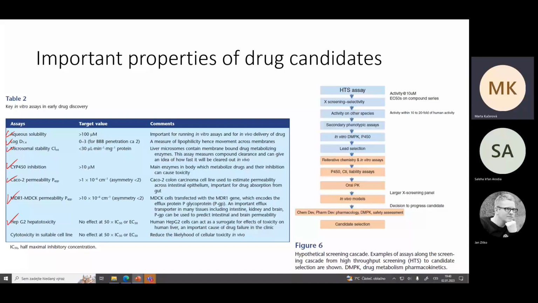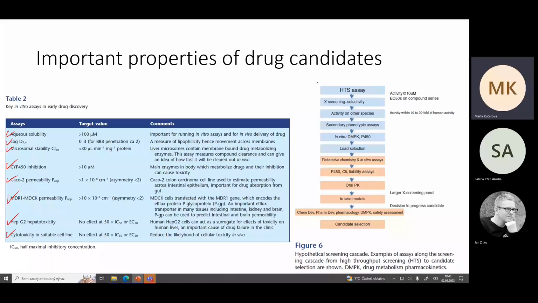Or we can judge the hepatotoxicity in relation to HepG2 cell line inhibition. And generally, we can predict the cytotoxicity in any other cell line, for example, some healthy human cell lines.